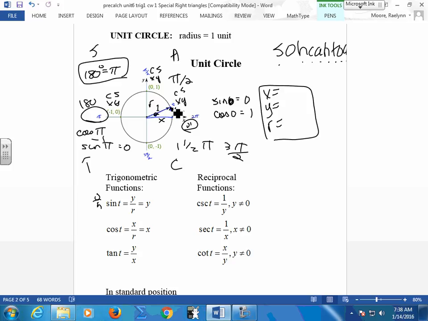When you label your quadrants, where is quadrant 1? Top right. Where's quadrant 2? Top left. So doesn't that make sense? I start in quadrant 1, I go to quadrant 2, I go to quadrant 3, I go to quadrant 4. That's why we label them like that, because that's how your angles rotate around your circle.